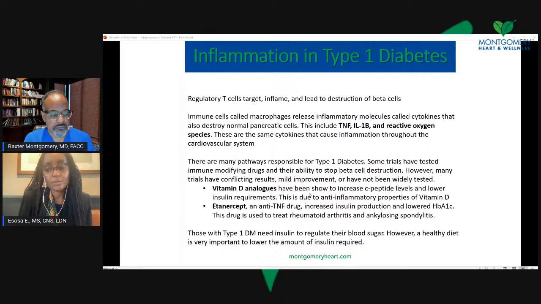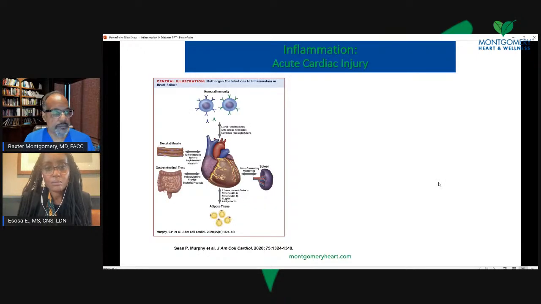However, you may not get the overall benefit, and drugs can also have side effects. Type 1 diabetes mellitus patients need insulin to regulate their blood, so typically these individuals are on insulin for life. I will talk about some type 1 diabetic patients that I've treated before.